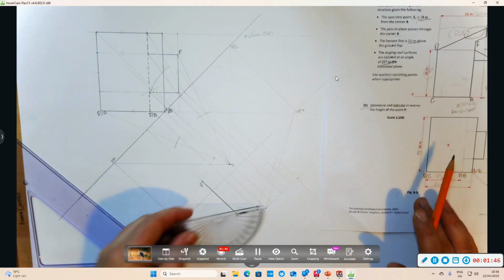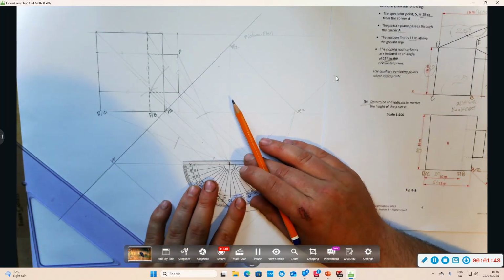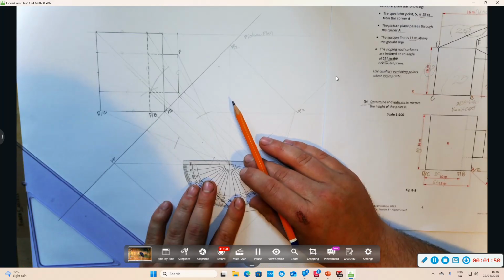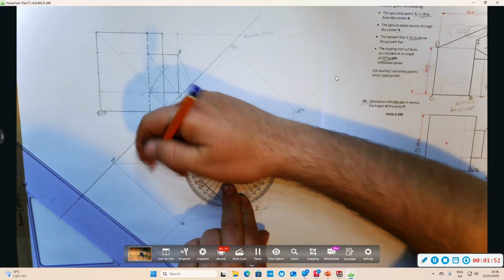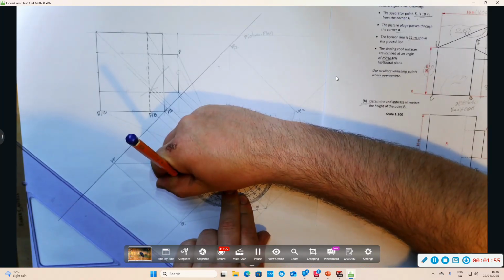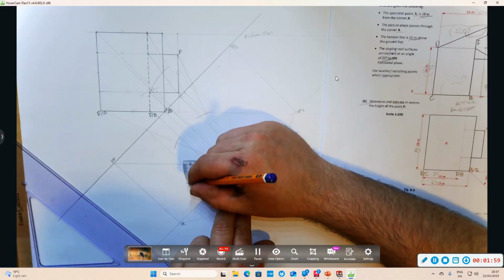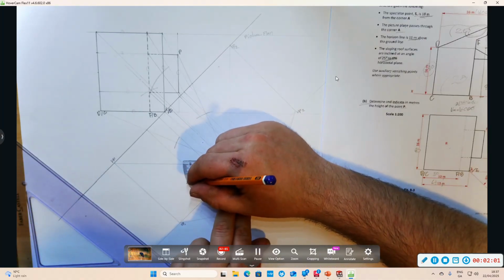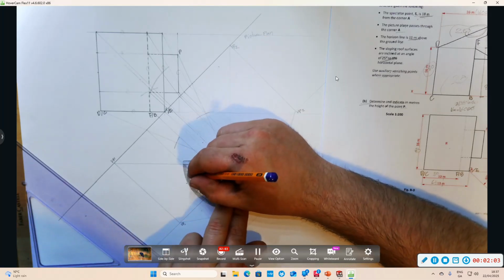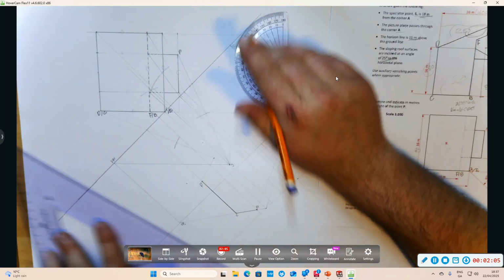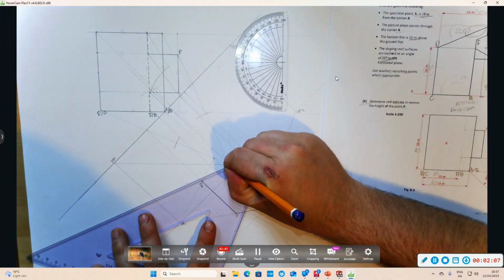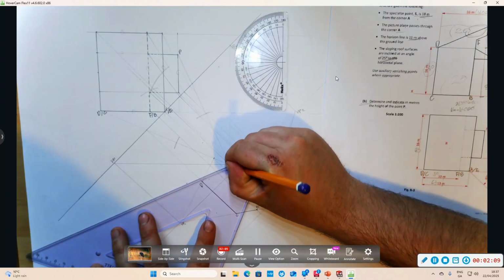So we're going to get our protractor and go 25 degrees to line S to VP1 from letter S. So carefully, you don't mark 15 or 35. It's 25 there. So we're going to mark in the 25 degree line here.